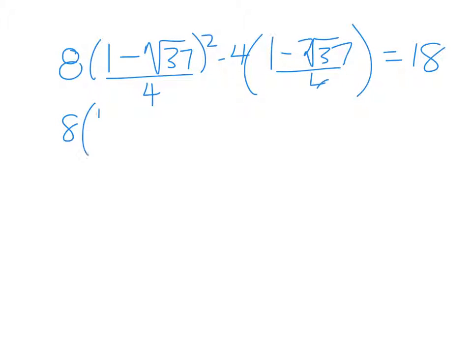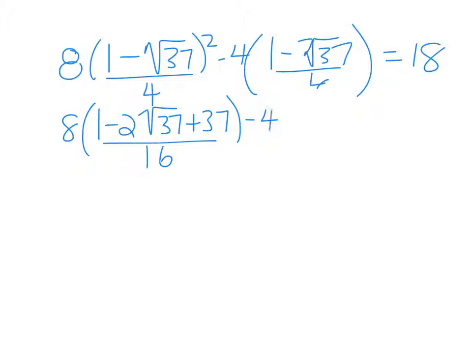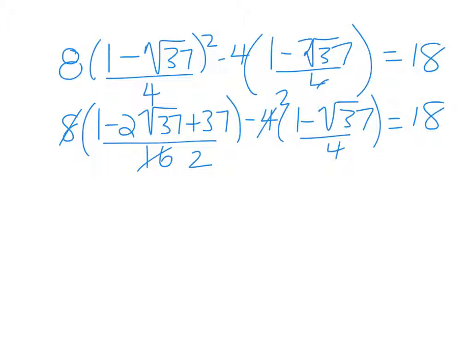I'm going to have 8 multiplied by 1 minus 2 square root of 37 plus 37, and that would be over 16, minus 4 times 1 minus the square root of 37 over 4 is equal to 18. The 8 goes into my 16 twice, and I'm going to reduce these by 2. So I'll have a lowest common denominator here of 2. To get rid of that, I'm going to multiply by 2 each side.